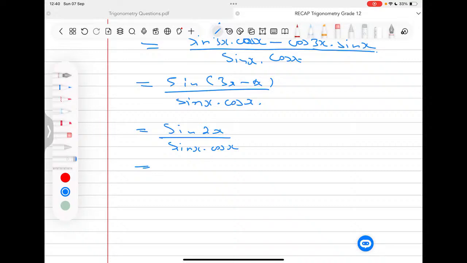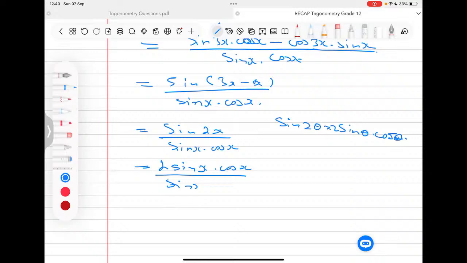Actually, already I see the answer, because remember your identity: when you have sine 2 theta, it is the same as 2 sine theta cos theta. So it means I can expand this to 2 sine x cos x, and then I still have here the sine x and the cos x.